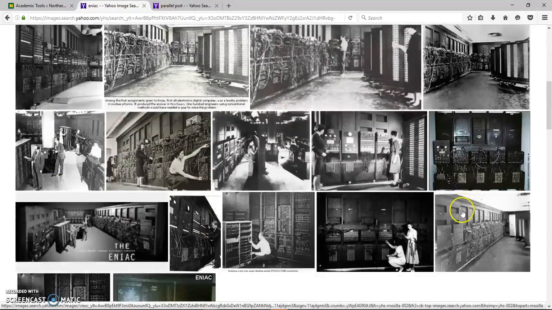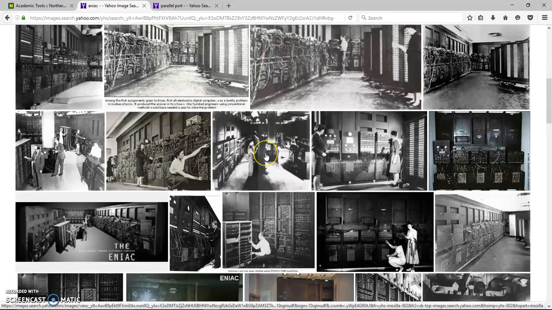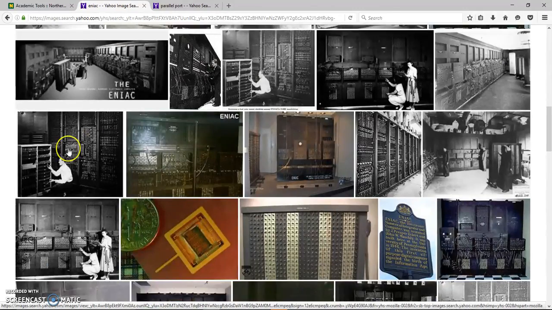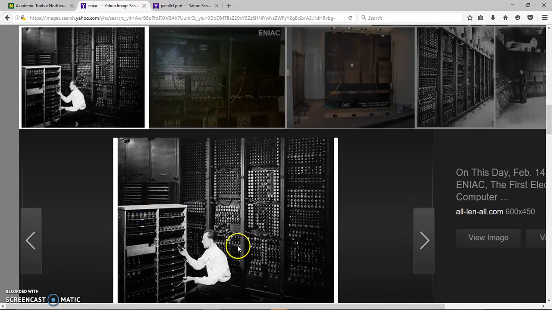Then if you look at this, the actual machine occupied that whole room. And if you look at this, he's checking the vacuum tubes. This is like a stack of the memories, RAM or hard disk. Why is it so big? Because the tube is big and we don't have the technology to save the bit, 1 or 0.